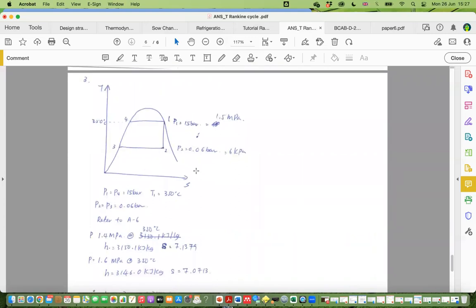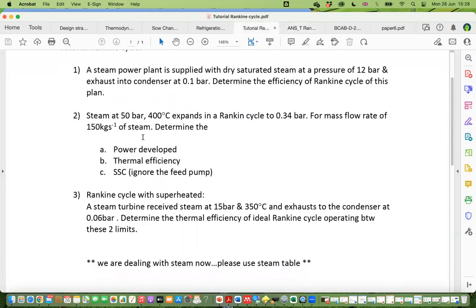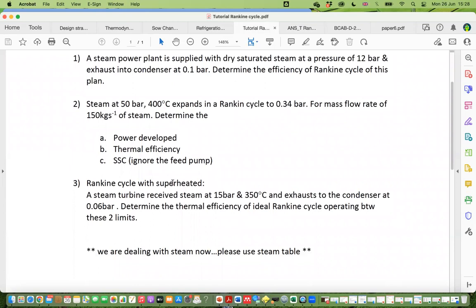Okay, next is the Rankine cycle with superheated steam. A steam turbine receives steam at 15 bar and 350 Celsius and exhausts to the condenser at 0.06 bar. Determine the thermal efficiency of the ideal Rankine cycle operating between these two limits.